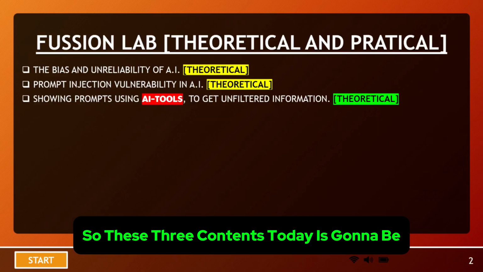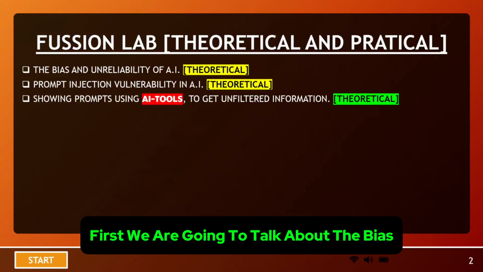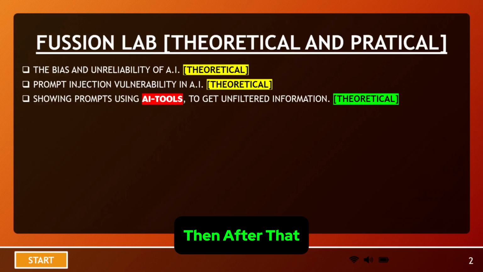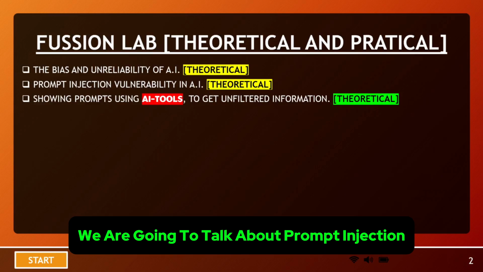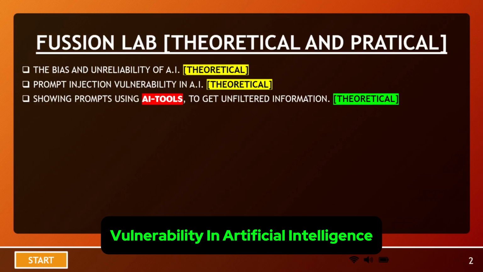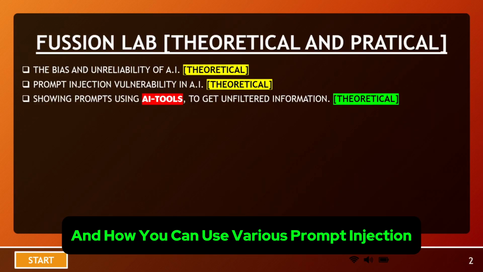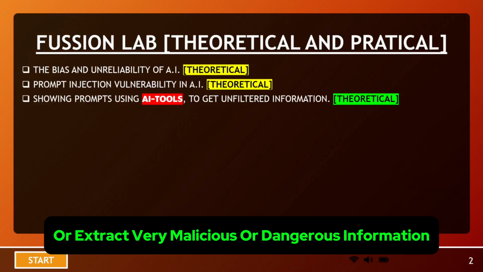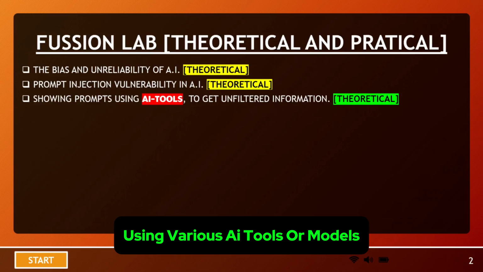So the content today is going to be, first, we are going to talk about the bias and unreliability of AI. Then after that, we are going to talk about prompt injection vulnerability in artificial intelligence, and how you can use various prompt injection commands to exploit AI or extract very malicious or dangerous information using various AI tools or models.